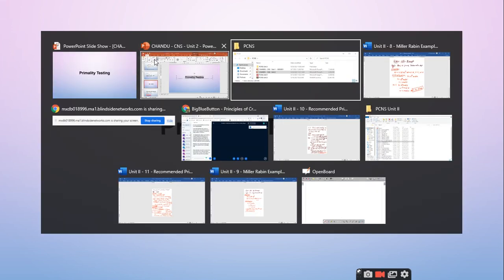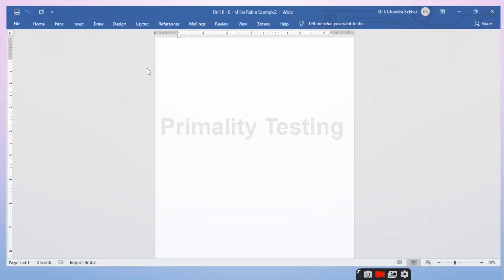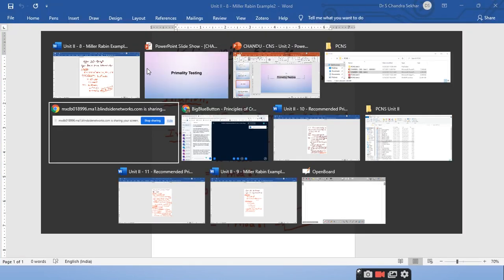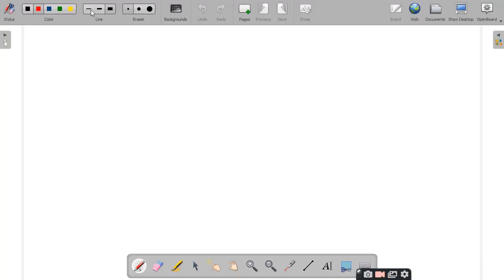So what is the input to this Miller-Rabin test? What is this Rabin-Miller test basically used for? As we have discussed, this Rabin-Miller test is used to test whether a given number is prime or not.